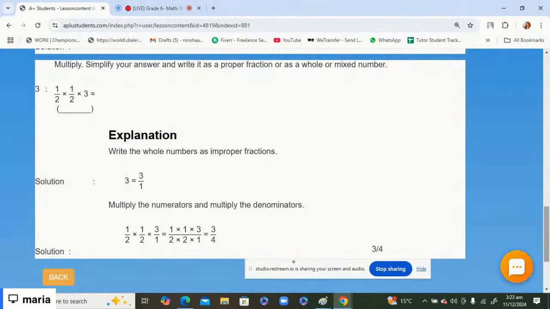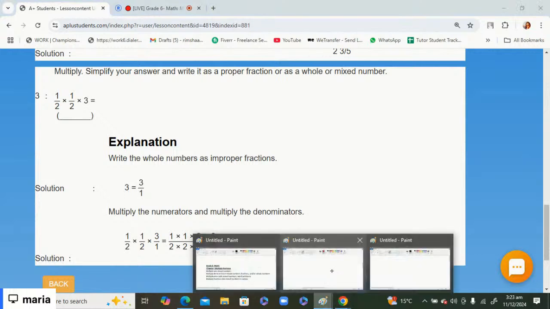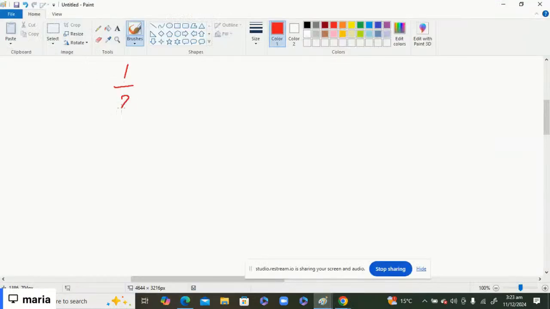Then multiply and simplify your answer and write it as a proper fraction or as a whole number. So look here, it's 1 by 2 times 1 by 2 times 3. So how can we solve it? Multiply the top numbers with each other and the bottom numbers with each other.